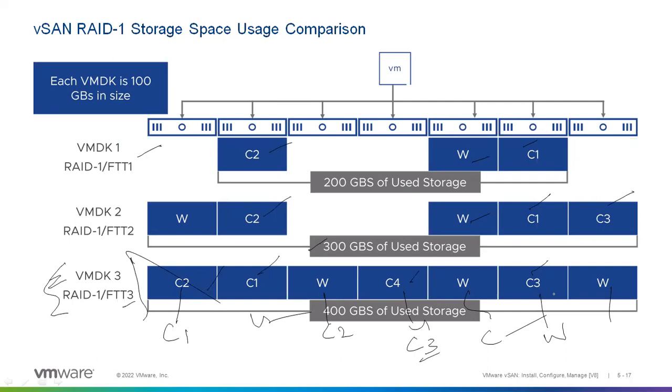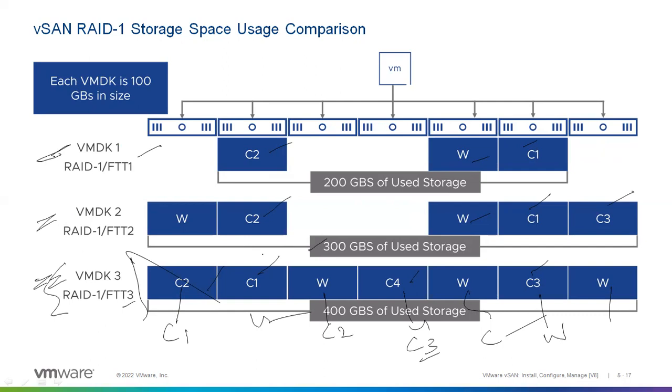It's always the intelligence of vSAN that balances the underlying storage. And within the same datastore, I can create different sets of policies, and vSAN is smart enough to distribute the data equally across the underlying storage.